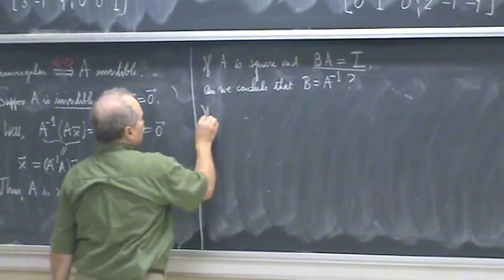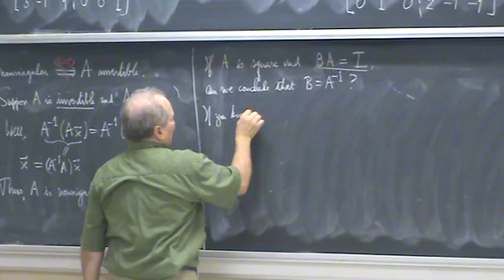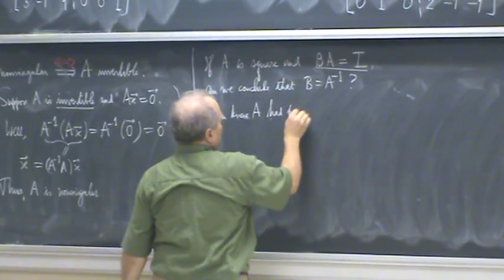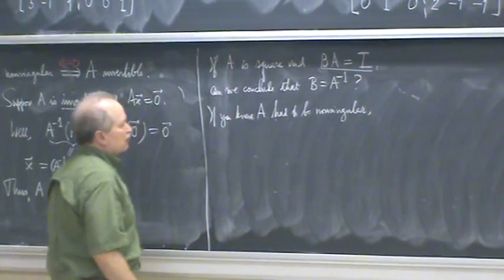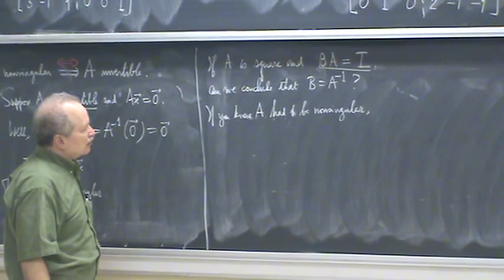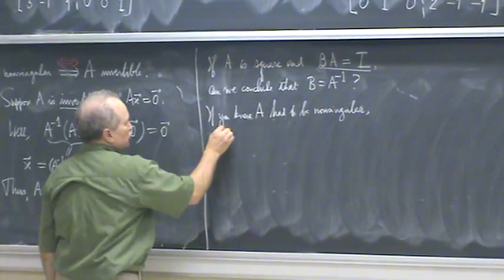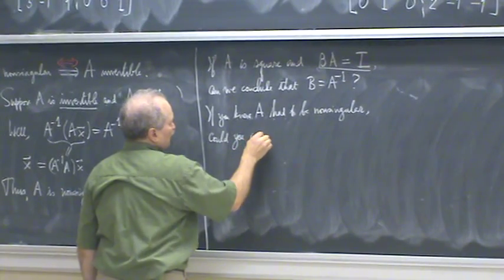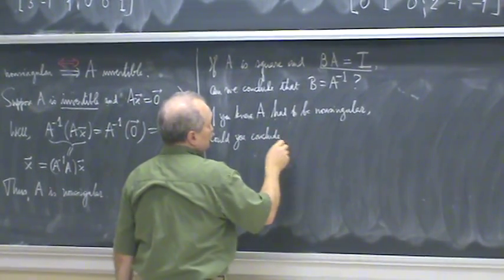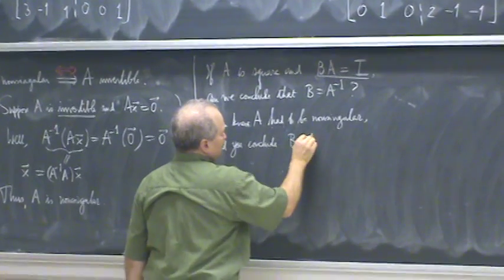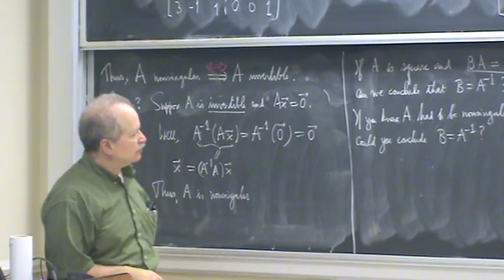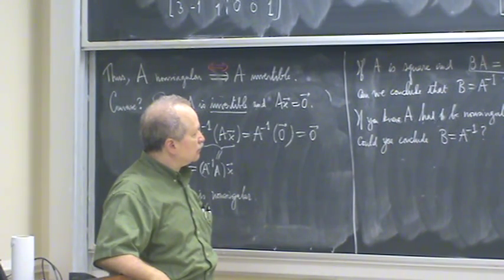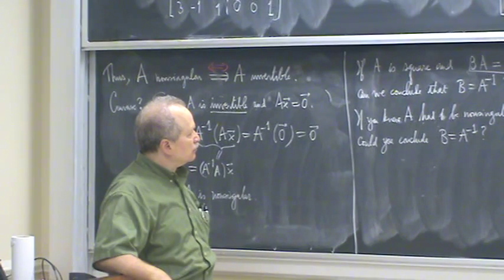So if you knew A had to be non-singular, could you conclude it? Doesn't it just imply that the augmented matrix of B and I reduces to I and A, and therefore the other way around?